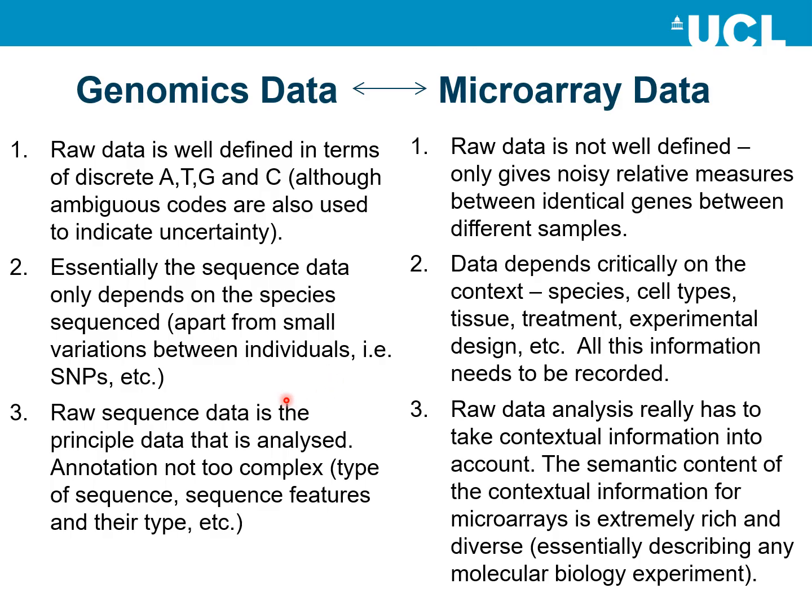And then the third aspect is how complex the annotation of the data is. So raw sequence data is generally the key thing being analysed. So you might do gene detection to detect the genes. You might then translate those nucleotide sequences for those genes into protein sequences, and then maybe secondary structure prediction of the protein sequences.